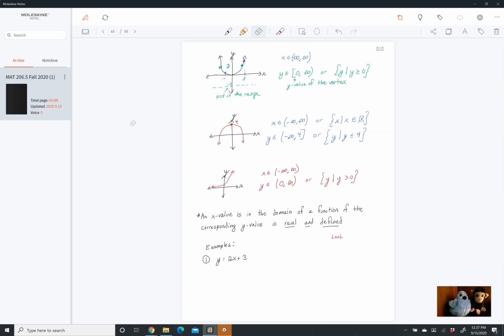So you're looking for 2 things in these functions. A radical. What's under the radical, which we call the radicand, must be greater than or equal to 0.